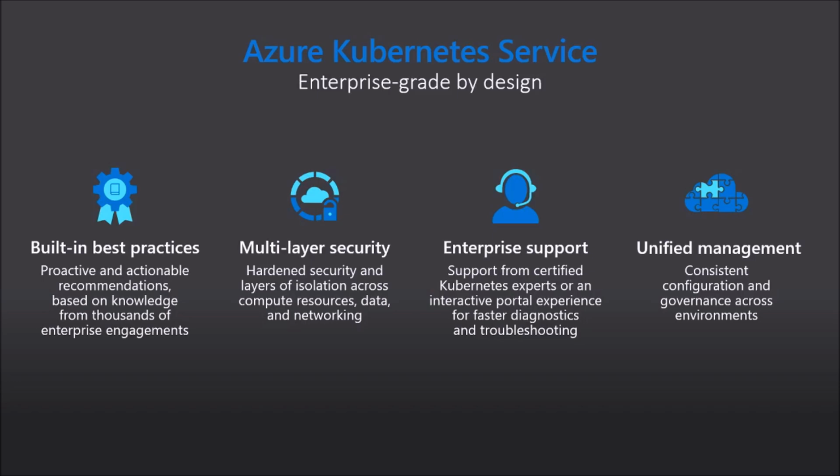Also, multi-layer security with Azure Security Center to harden security in layers of isolation across compute, data, and network resources. We have enterprise support with Kubernetes experts and interactive portal diagnostic and troubleshooting experiences. And lastly, consistent configuration and governance with unified management.